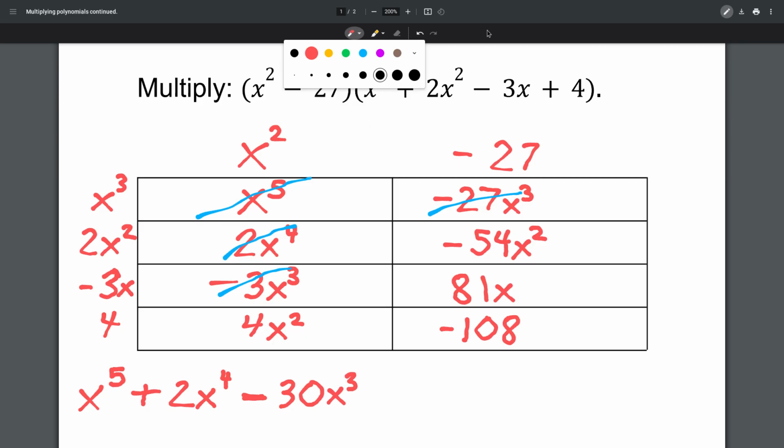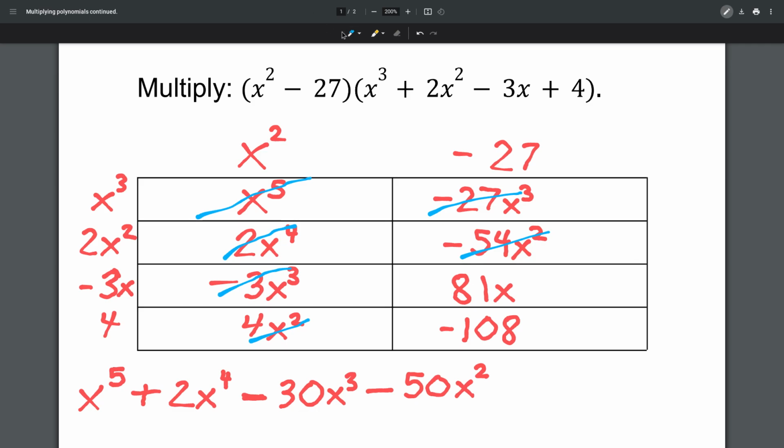Then we have x squared. So we have a negative 54x squared here and a positive 4x squared here. I add those together, I get negative 50x squared, or minus 50x squared. And I will cross those off.